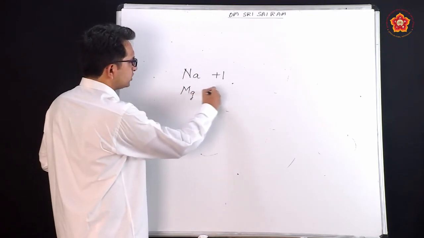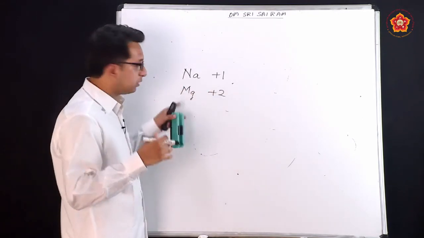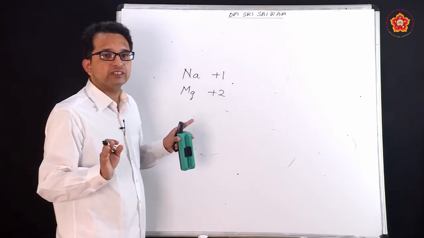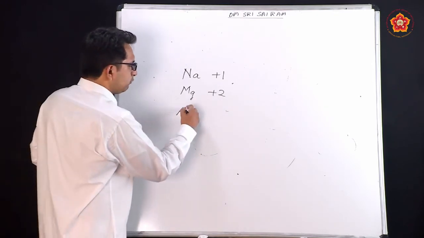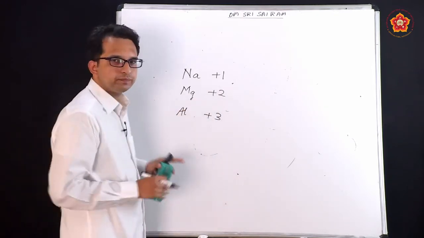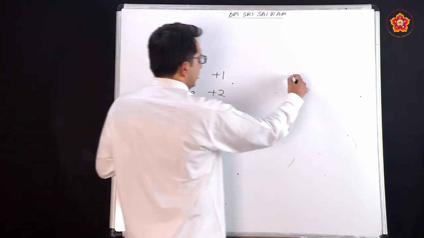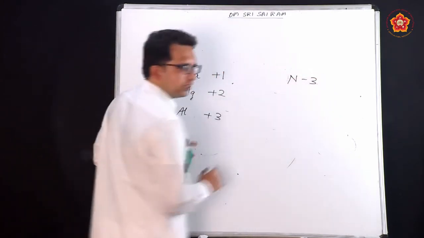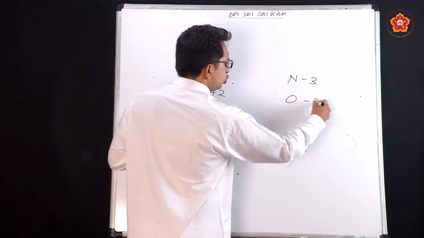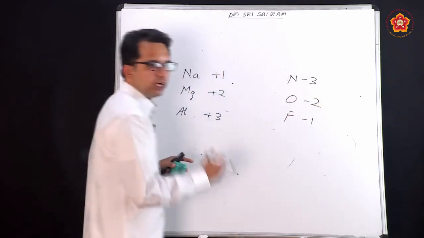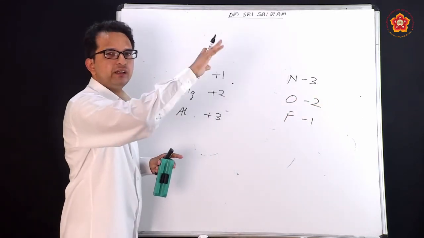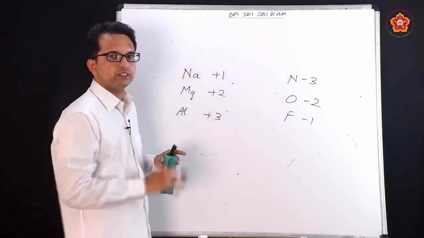Magnesium would like to lose away 2 electrons because the atomic number is 12 and the nearest noble gas is 10. Aluminium would like to lose 3 electrons. Similarly, on the other side, nitrogen would like to gain 3 electrons, oxygen 2, fluorine 1, because they are closer on the right side, they would like to take electrons and become stable.